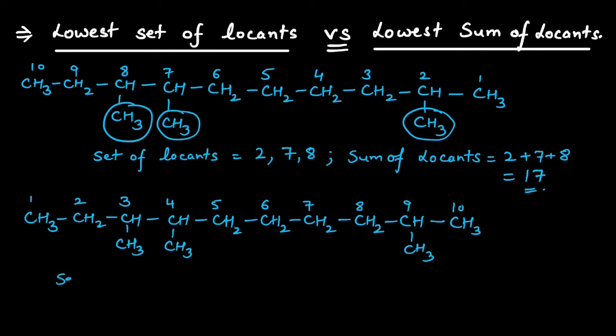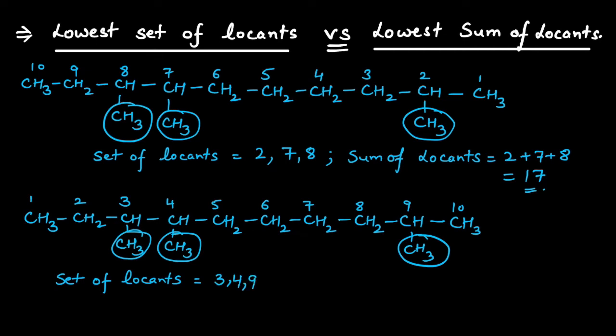So here we can see that the set of locants becomes 3, 4 and 9. And if we do the sum of locants, it becomes 3 plus 4 plus 9, that is 16.